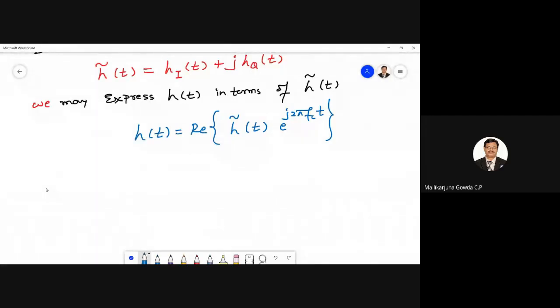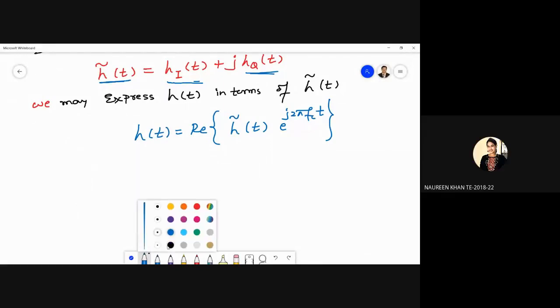Here we have hi of t, hq of t, and h tilde of t. Are they low pass functions or high pass functions? Yes, they are all low pass functions.